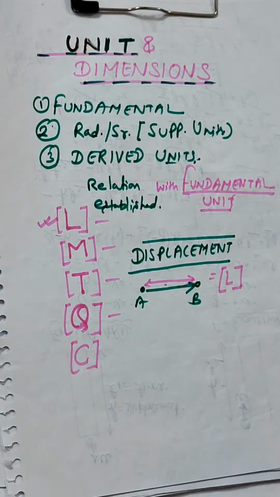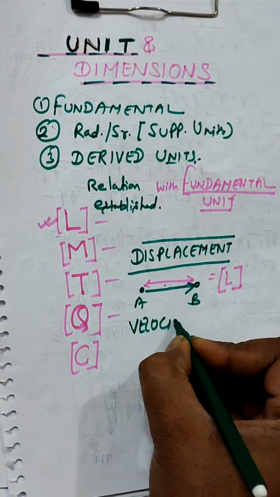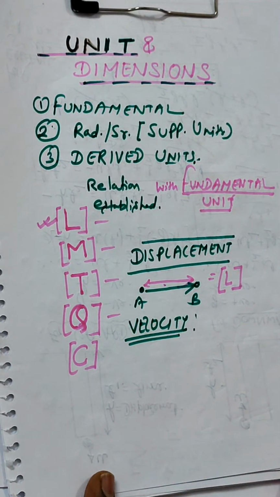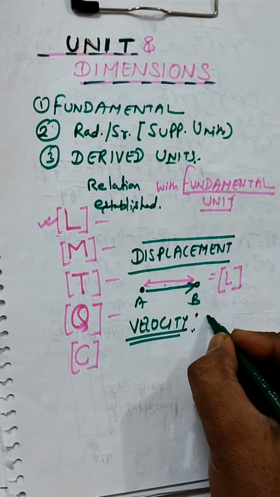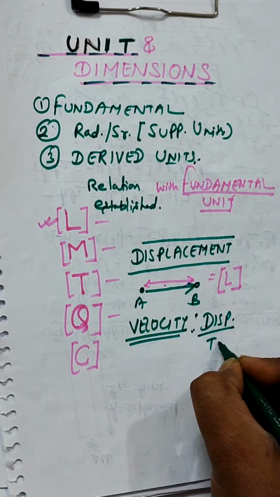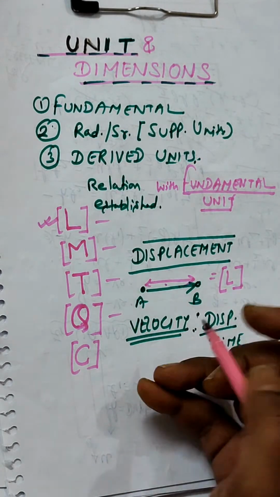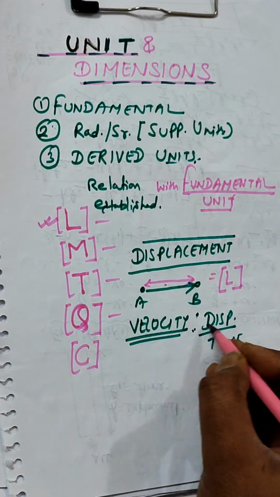Now we are coming to velocity. What is the formula of velocity? Just remember that the formula of velocity is displacement by time. What are the dimensions of displacement?